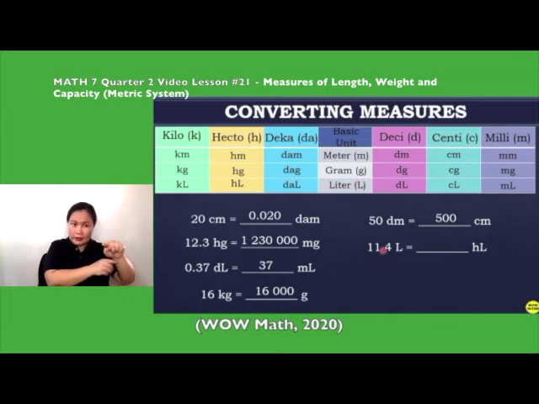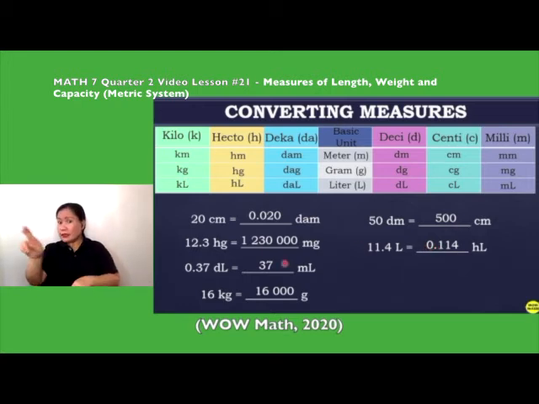So, from here, ito yung decimal point mo. 1, 2. So, malilipat lang yung decimal point niya. So, that will become 0.114 hectoliters. So, nalipat lang. 1, 2. So, napunta lang siya dito. And again, pag ang decimal point nandito sa left side, ilalagay natin. Pero pag nasa right side, kagaya niyan, hindi po natin ilalagay.